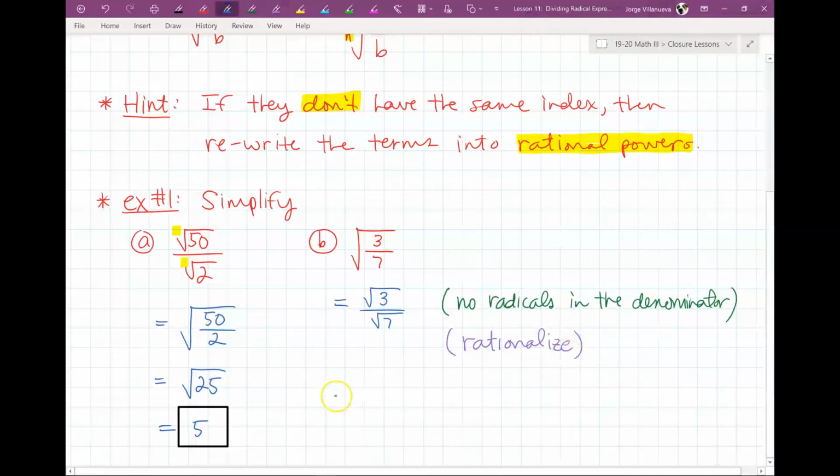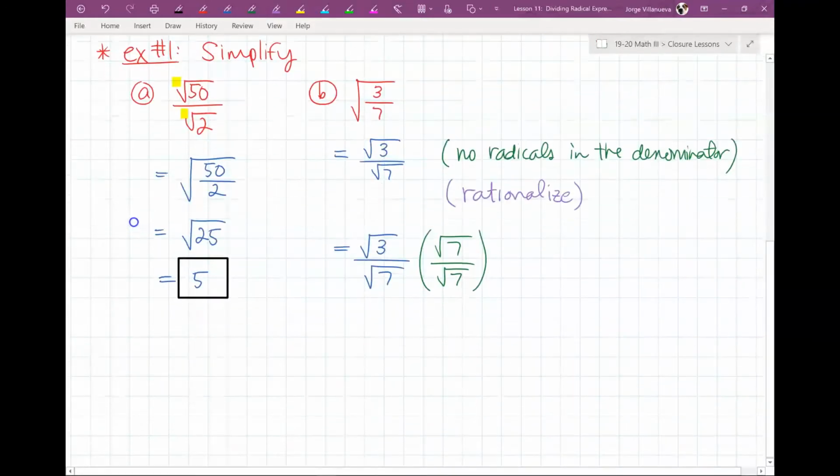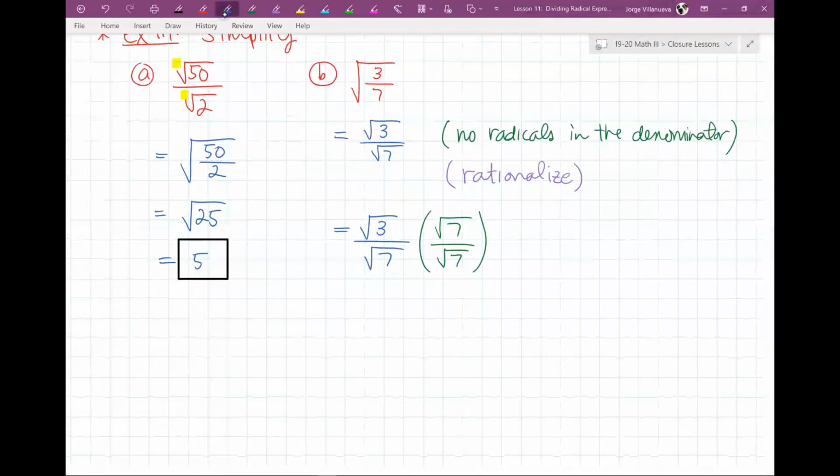What rationalizing means is you take the term on the bottom, the radical 7, that's what's causing the problem, and you multiply the top and bottom of that fraction by the thing that's causing the problem. So radical 3 times radical 7 is radical 21.